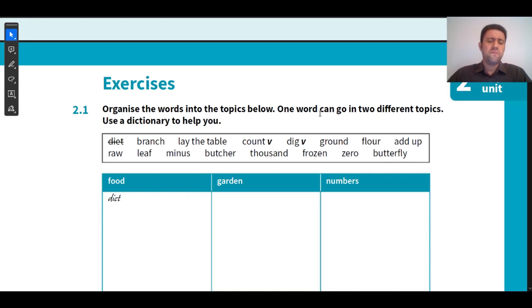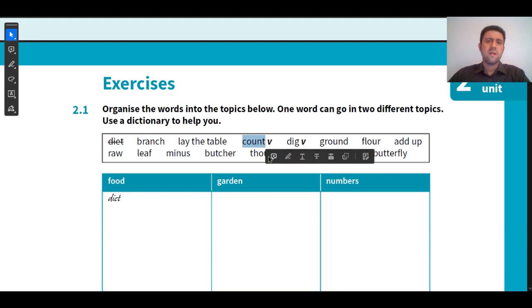So first, let's see the meaning of these new words. Diet. Diet is the food that a person or animal usually eats. Branch is a part of a tree that grows out from the main trunk. Lay the table means to set up the table with plates, forks, and glasses before eating.